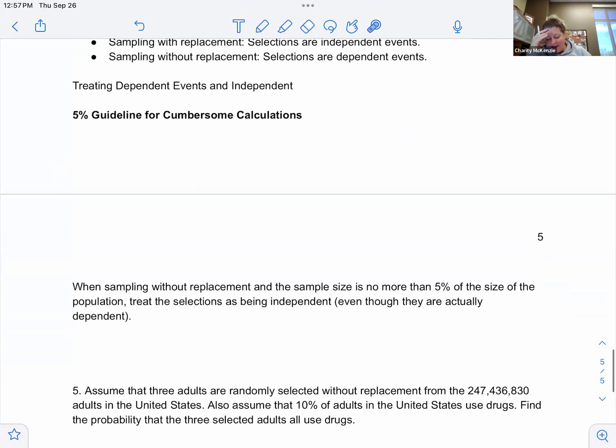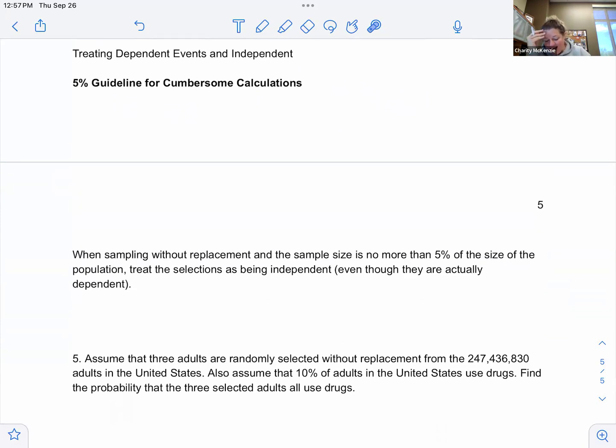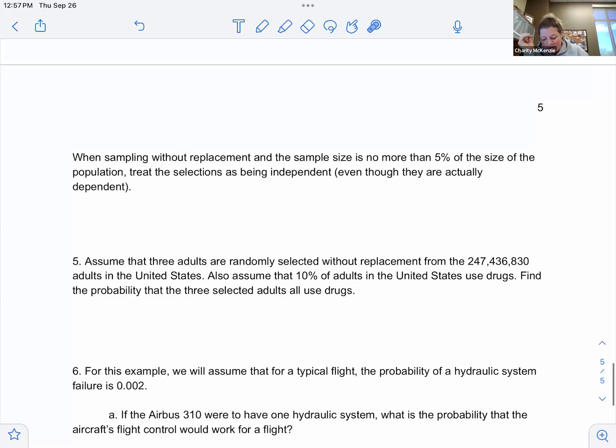So this first example I'll give, it's less than 5% overall. So an example of this is problem 5. Assume that 3 adults are randomly selected without replacement from 247 million, blah, blah, blah, that big, massive amount of people in the US.